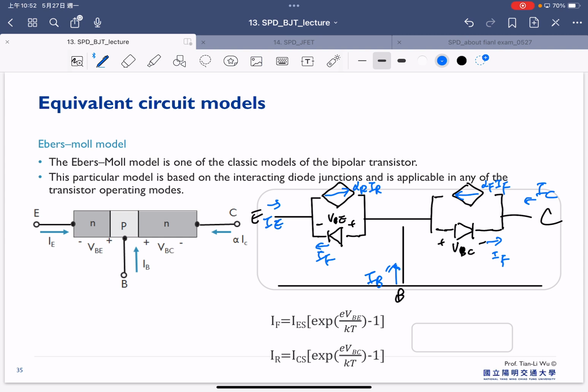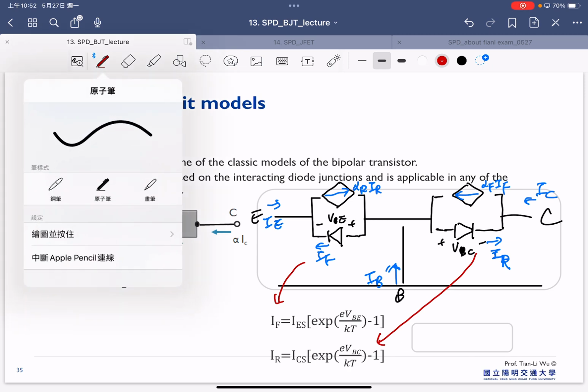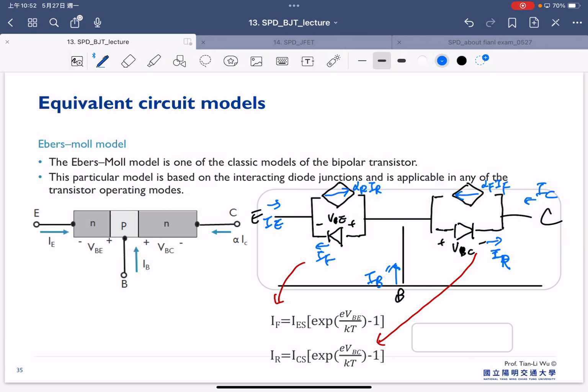Therefore, each current can be expressed. This is IF, this is IR. And then, considering this model, we have IE plus IB plus IC equal to 0.